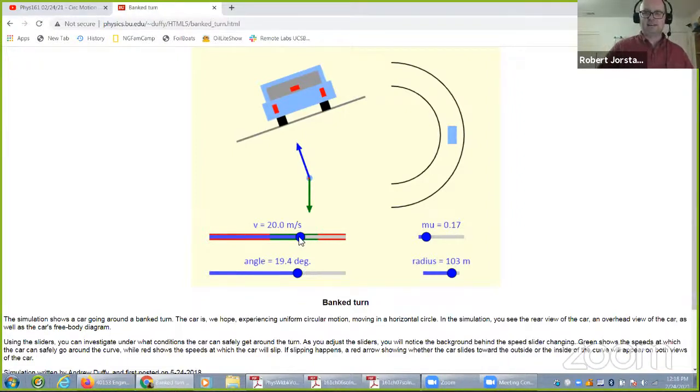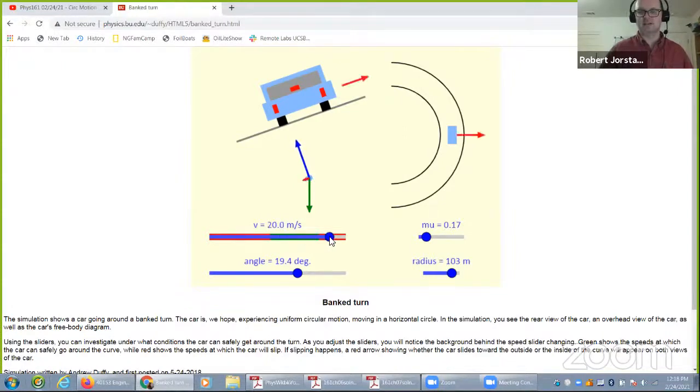The idea here is, I'm looking at this slider in the middle of the screen. Give me a second so I can circle it. I'm looking at this slider right here. This shows you all the speeds where you can go around the turn safely. If I drive anything up to about 24 or anything down to about 14, there's enough friction to keep me from sliding to the inside or outside.